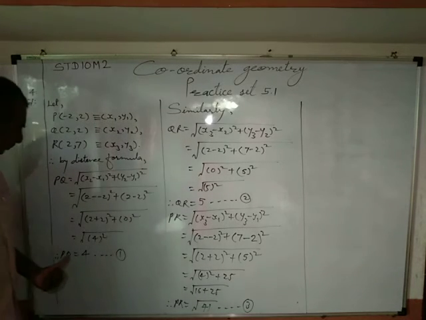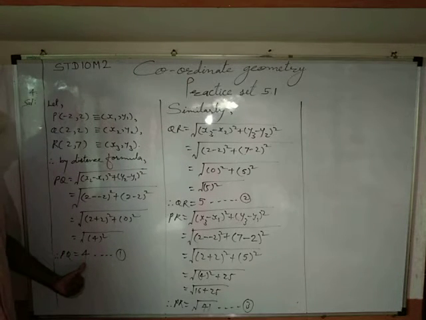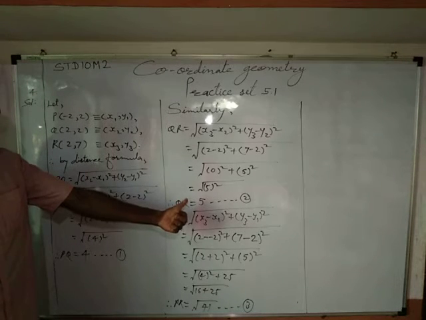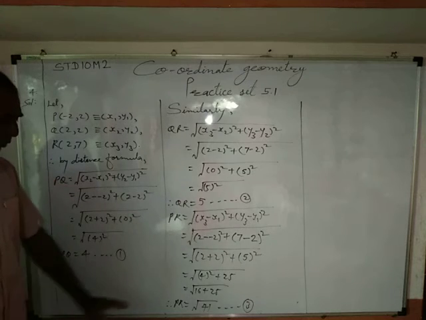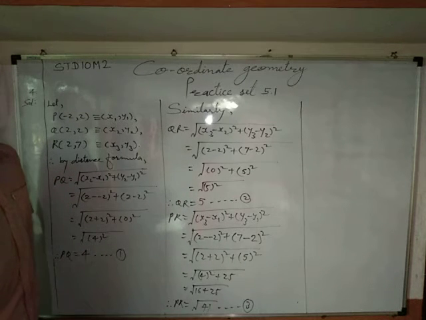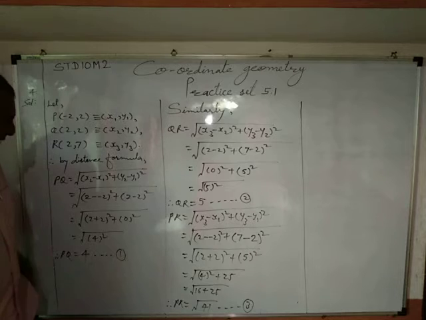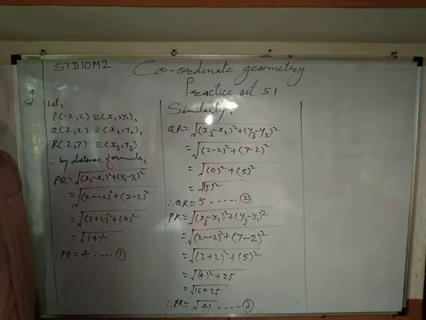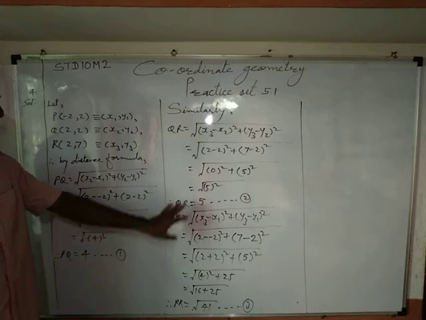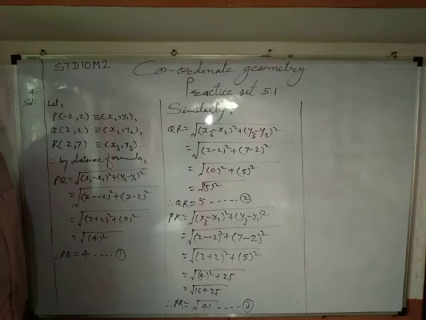Here PQ square will be 4 square, which is 16. QR square is equals 5 square, which is 25, and PR square equals square of root 41, which is 41. 16 plus 25 gives us 41, which means the square of the longest side equals the sum of the squares of the remaining two sides.